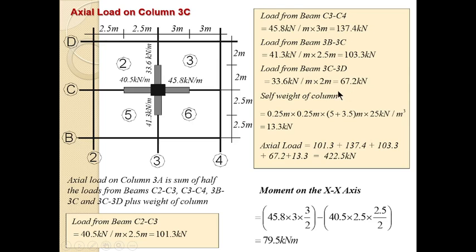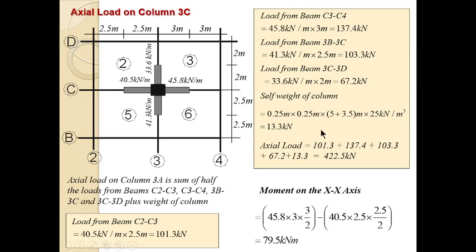The next thing is to calculate the self-weight of the column. We are told that the column dimension is 250 by 250. So the width dimension of the column, 250, is now changed to meter, 0.25 multiplied by 0.25. Multiply by the total height of the column.